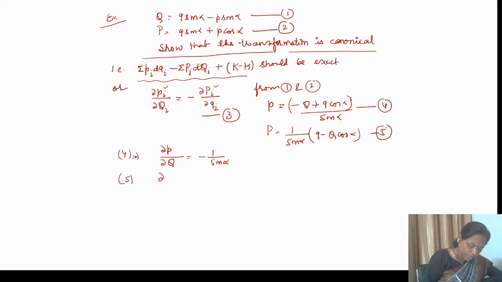And what is delta capital P delta small q? Derivative of P with respect to Q, it is 1 upon sin alpha. So 3 is satisfied. This implies that the transformation is canonical.